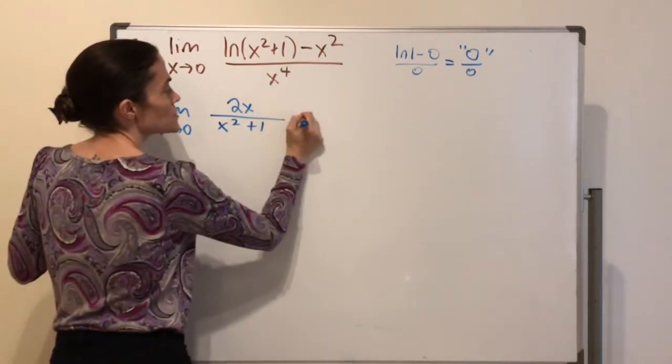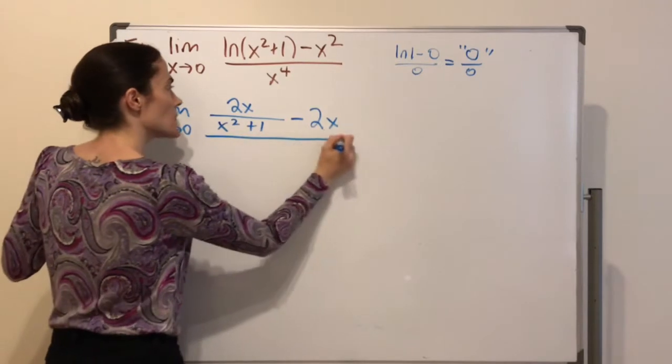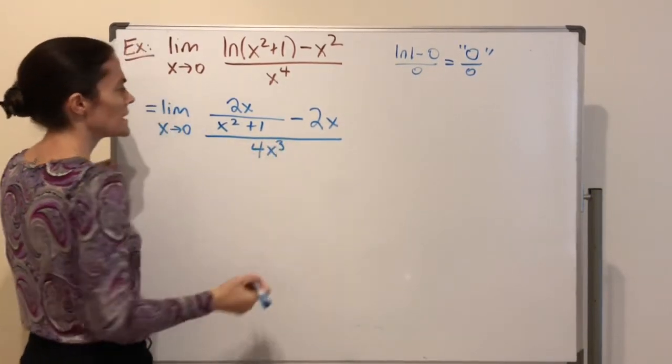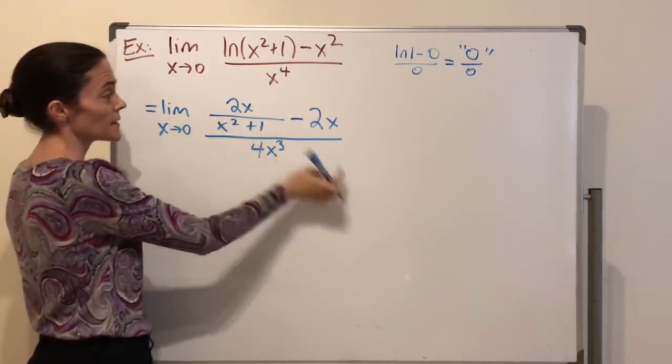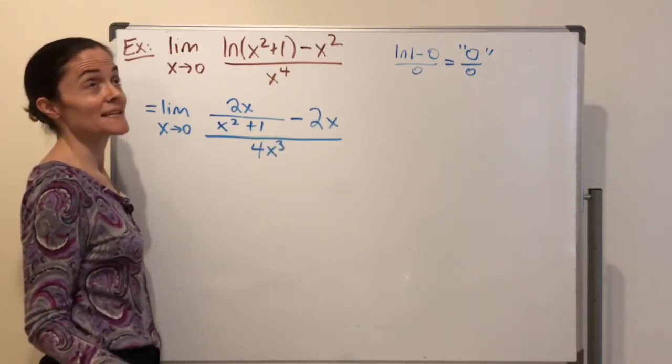And then we subtract the derivative of x squared, and this is all over 4x cubed. Now, if you think about this, we still get 0 here, 0 here, 0 here. So we're not ready to evaluate just yet.